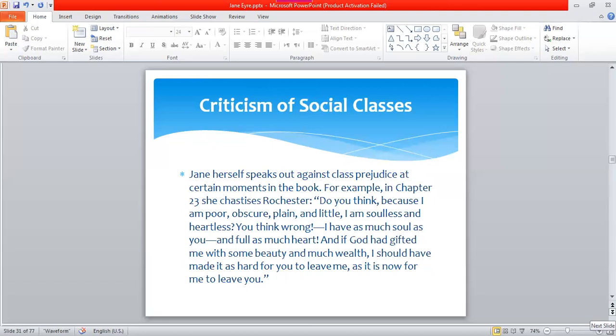For example, in chapter 23, she rebukes Rochester, or blames him: "Do you think because I am poor, obscure, not known, plain, and little, I am soulless and heartless? You think wrong. I have as much soul as you, and full as much heart.